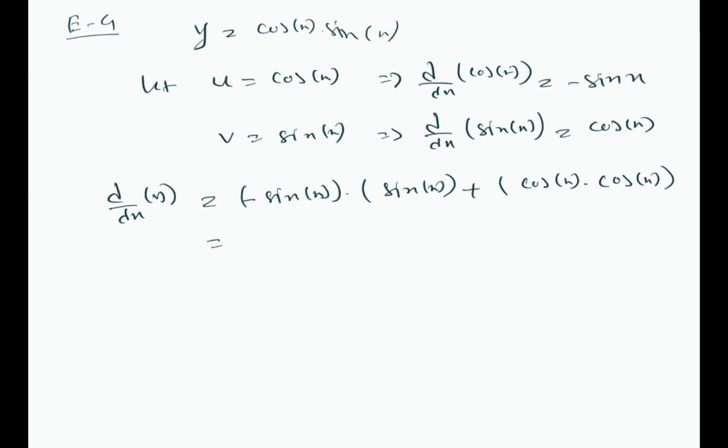We can write minus sine of x times sine of x, it means minus sine squared of x plus cos squared of x, right? And according to the trigonometric identity, we can write this is equal to cos of 2x. So this is the final answer for this question.